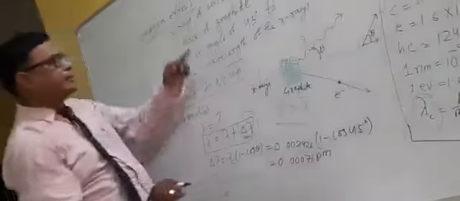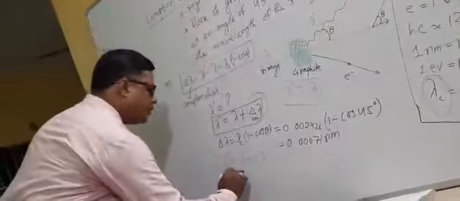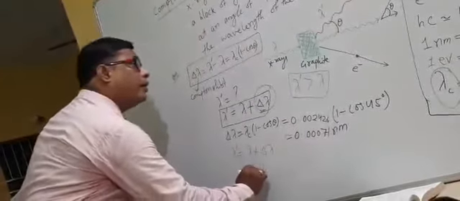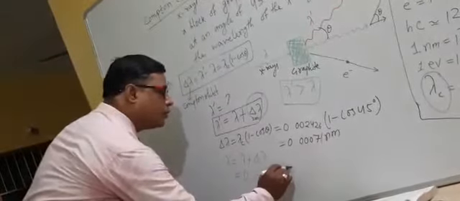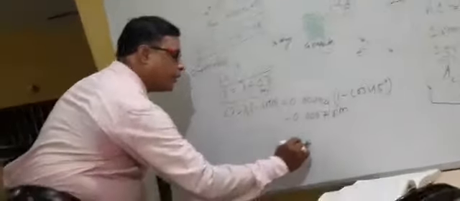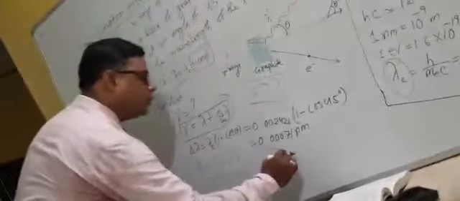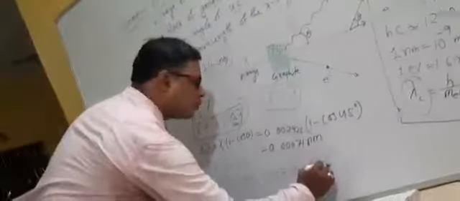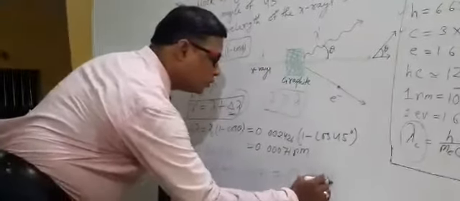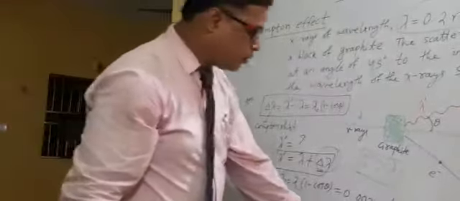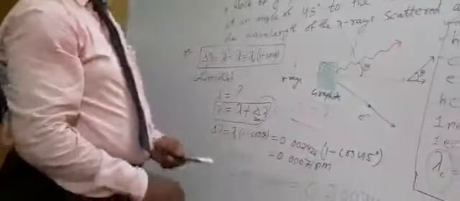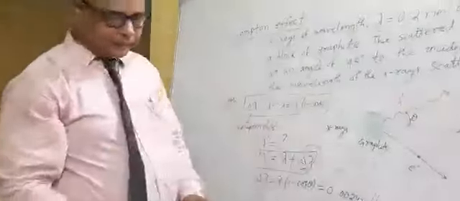Lambda is given as 0.2, plus 0.00071. So lambda prime is equal to 0.20071 nanometer. This is the required answer.